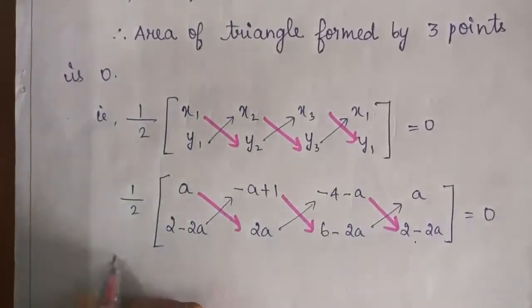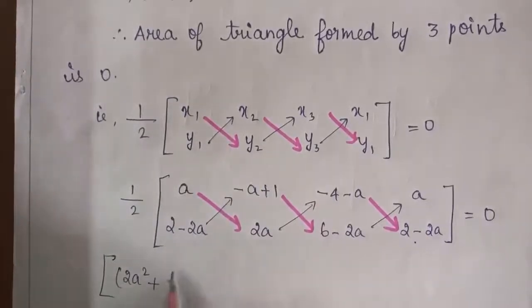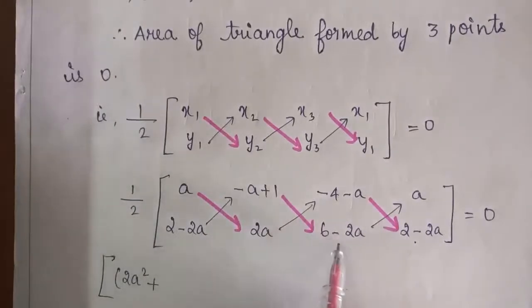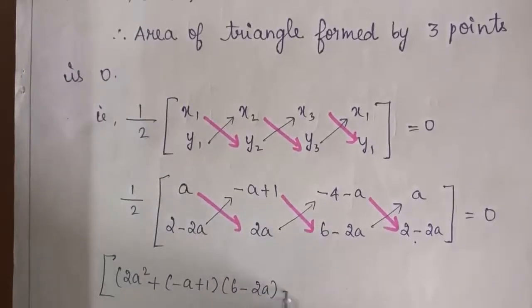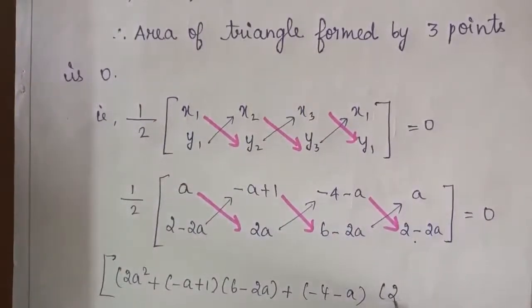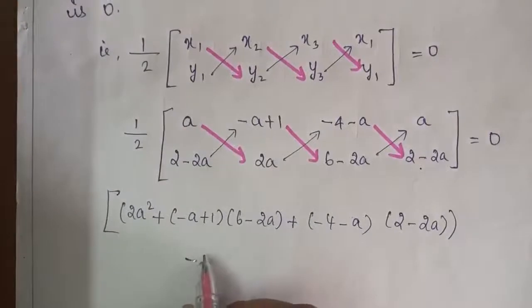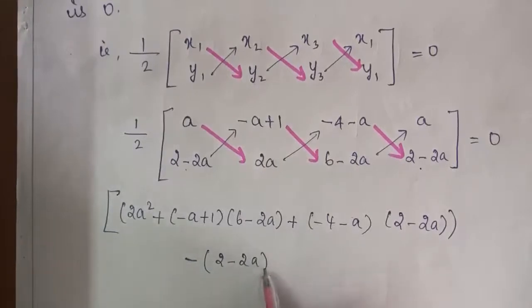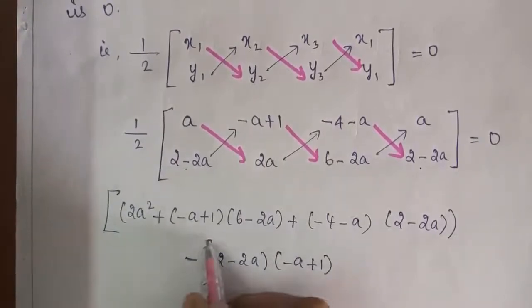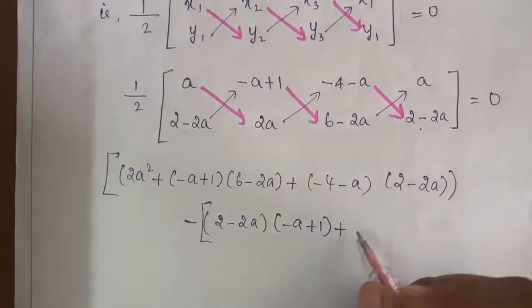So the next step: a into 2a is 2a square, plus minus a plus 1 into 6 minus 2a, plus minus 4 minus a into 2 minus 2a, minus 2 minus 2a into minus a plus 1, plus 2a into minus 4 minus a, plus 6 minus 2a into a, whole bracket, which is equal to 0.